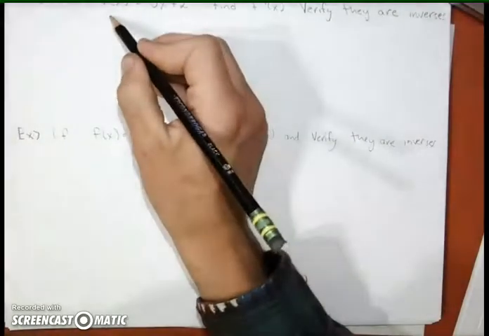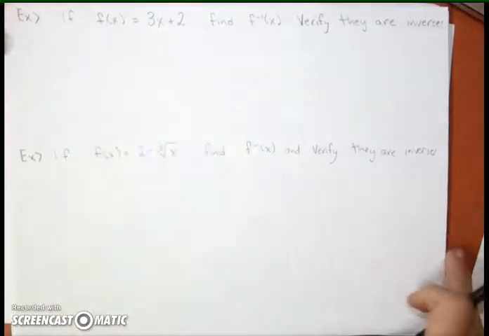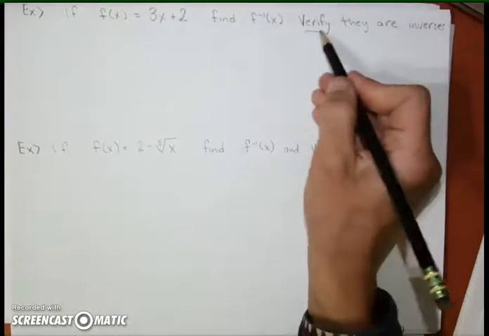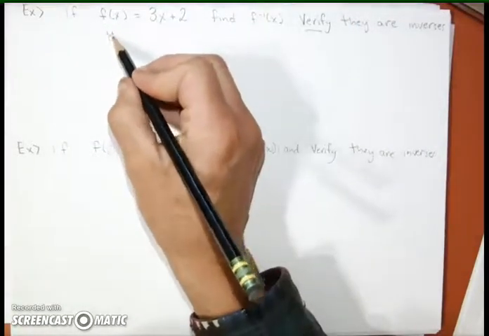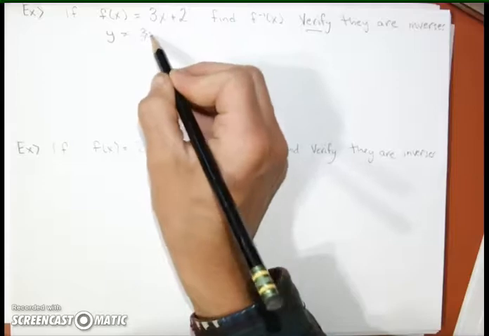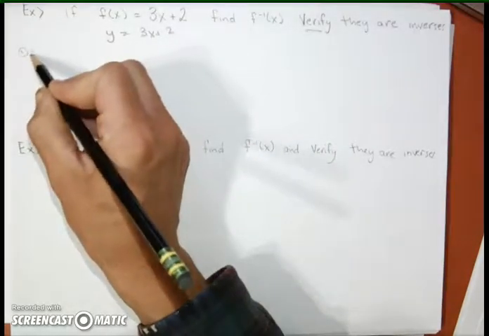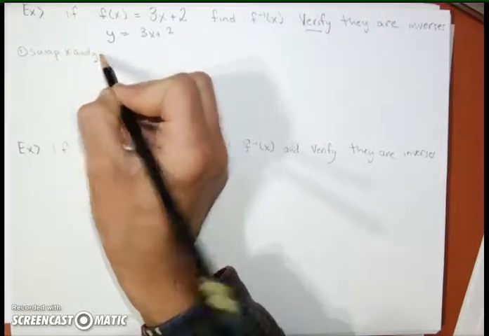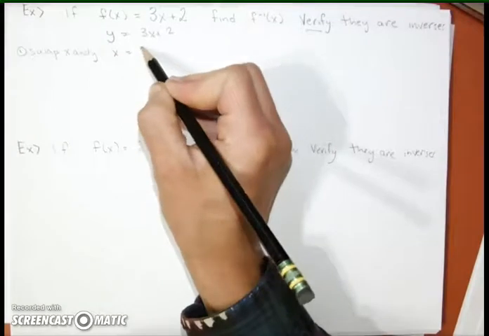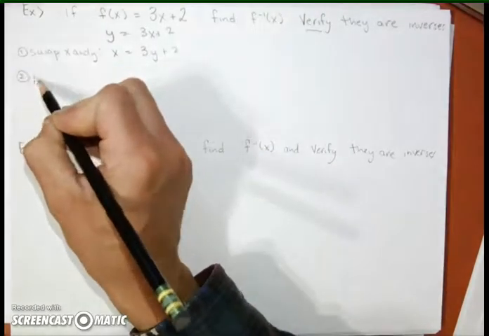All right, so I have a function f of x equals 3x plus 2, and I want to find f inverse of x and verify that they're inverses. So my first step is to recognize that f of x is the same as y. Now I swap x and y, and now I solve for y.